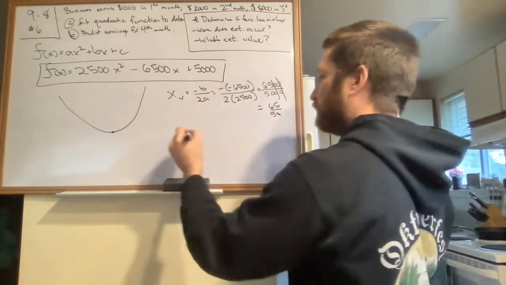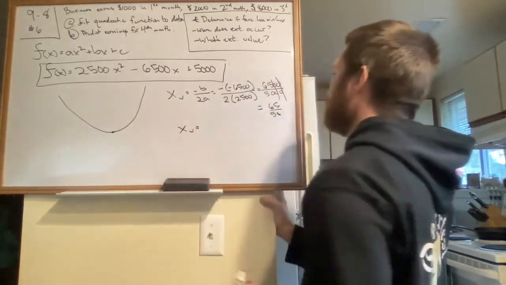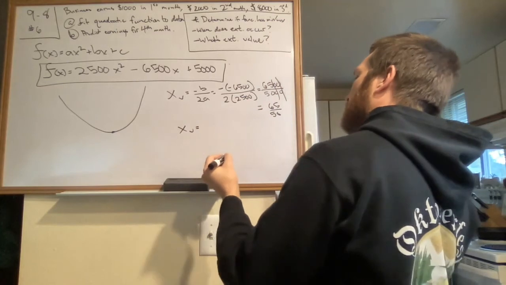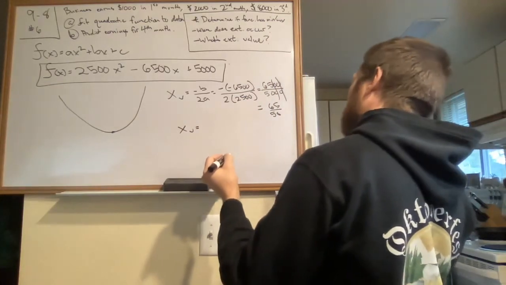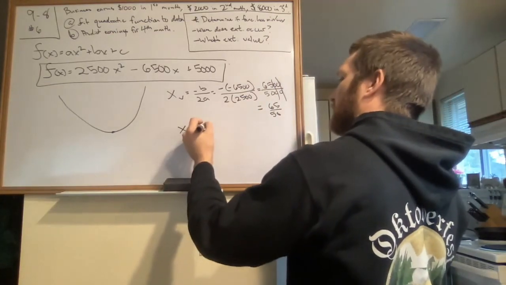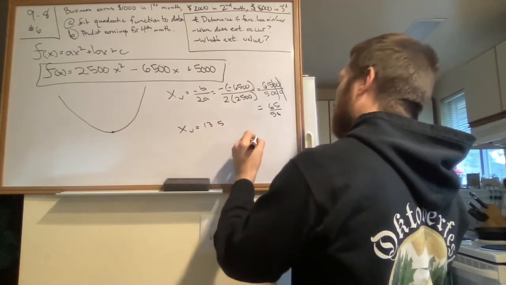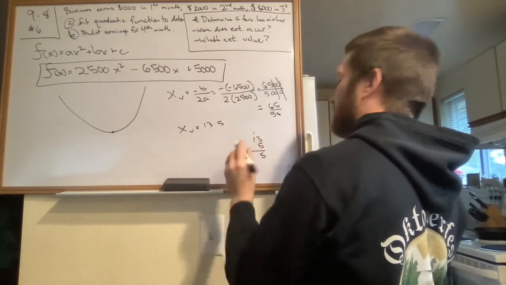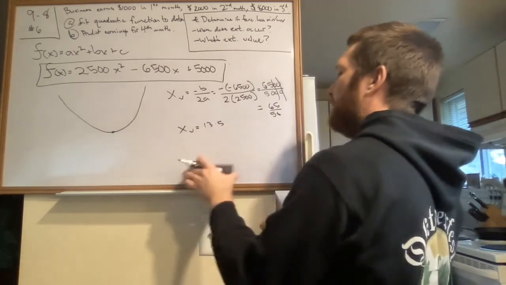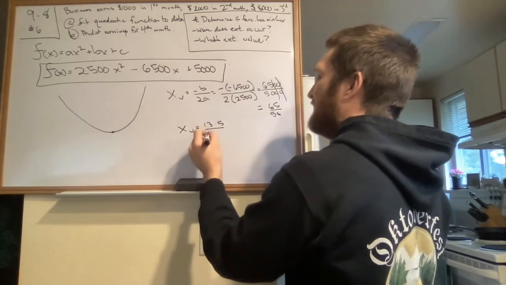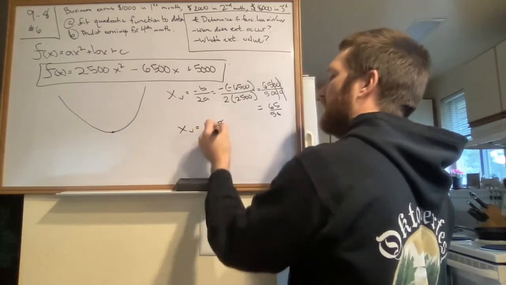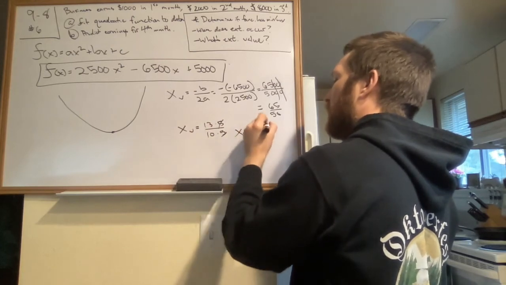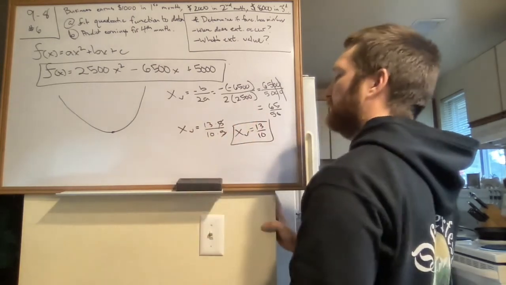So the vertex value occurs at, well, 65 is 13 times 5, I believe. Oh, I didn't check that. 5 times 13, 65, yes, okay, so 13 times 5. 50 is 10 times 5. And so the x value of the vertex is 13 over 10 right there.